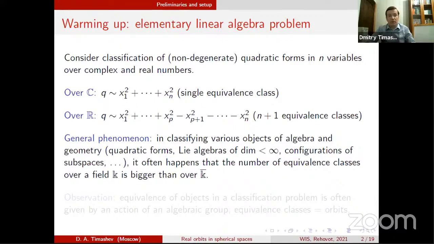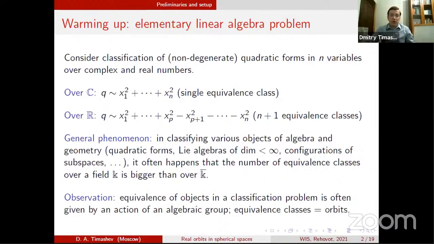This is a very general phenomenon. And yet another observation is that equivalence of objects in such classification problems is often given by an action of an algebraic group, so that equivalence classes are nothing but orbits for this action.